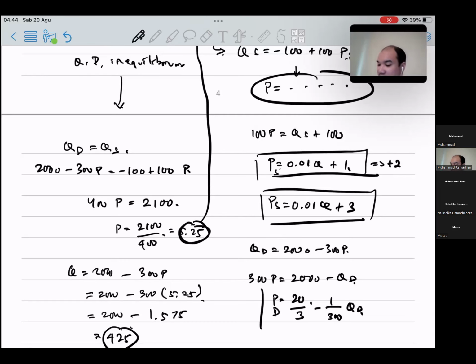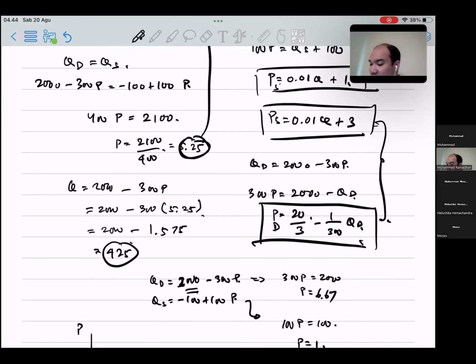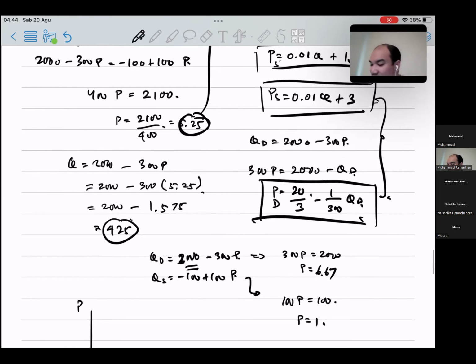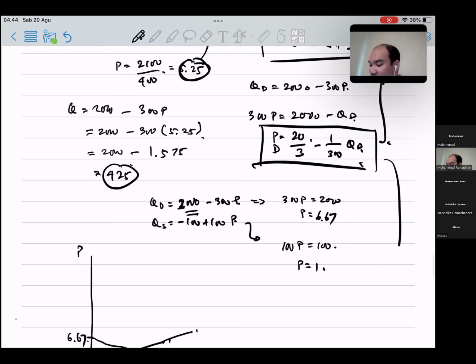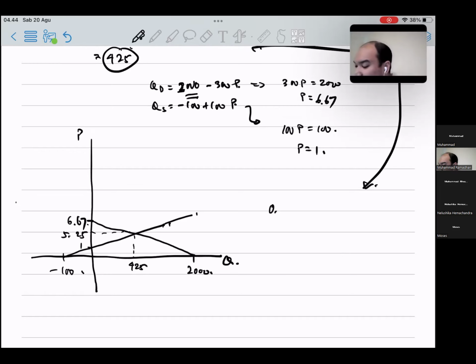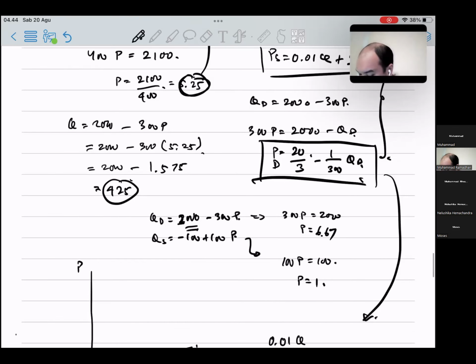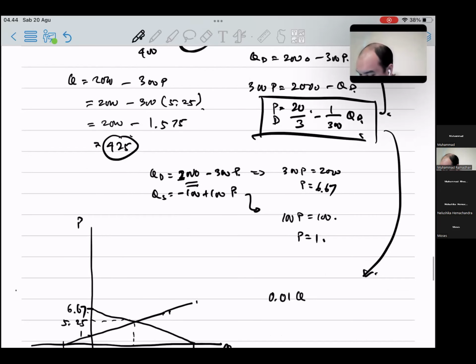This is the demand price. So you have to equate these two equations: 0.01Q plus 3 equals 20 over 3 minus 1 over 300 Q.